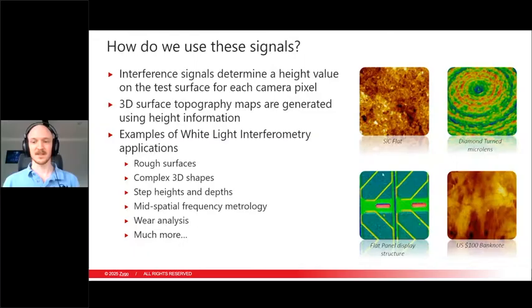So the application range is very broad, and we're really talking about any surface that we can capture any reflection from, not necessarily in the conventional sense. You don't necessarily think of a banknote as reflective, but it is in fact, and enough so that we can acquire height data on that surface.